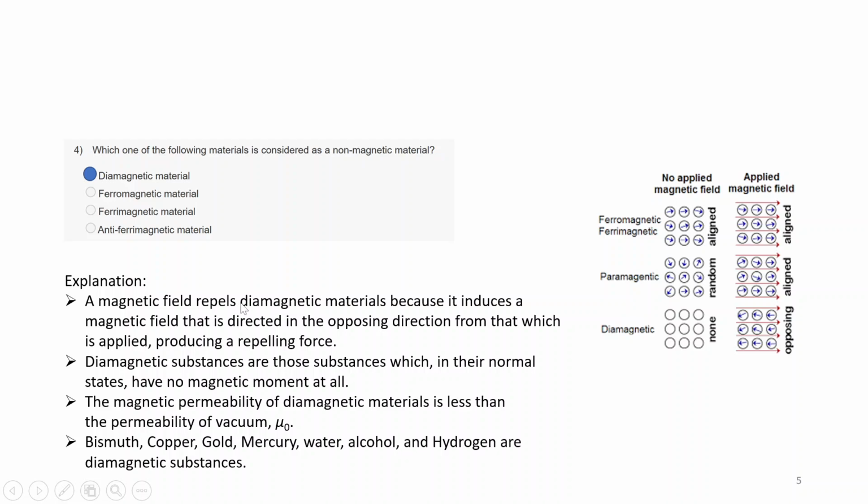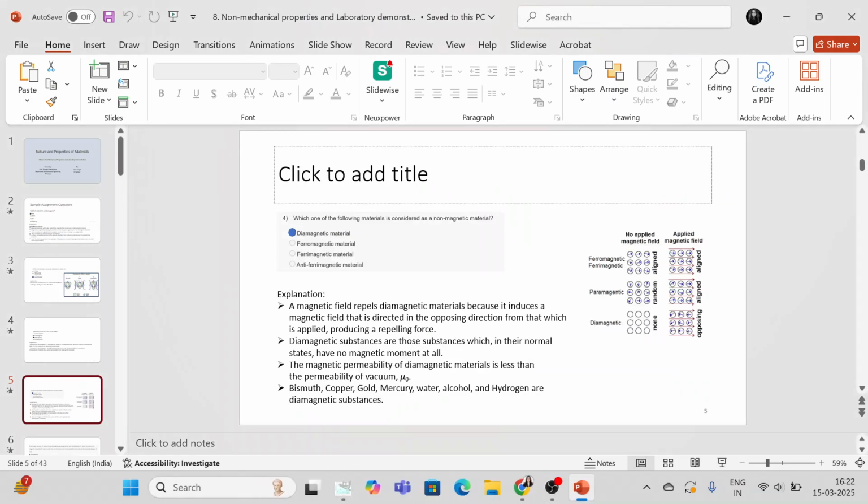A magnetic field repels diamagnetic materials because it induces a magnetic field that is directed in the opposing direction from that which it is applied, producing a repelling force. The diamagnetic substances are those substances which in their normal states have no magnetic moment at all.